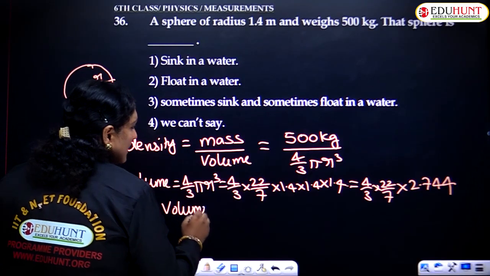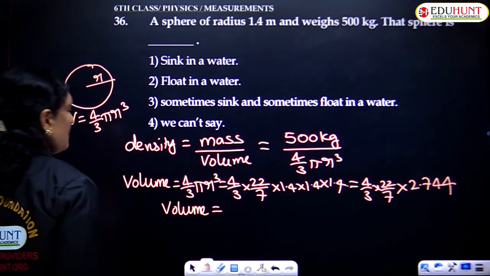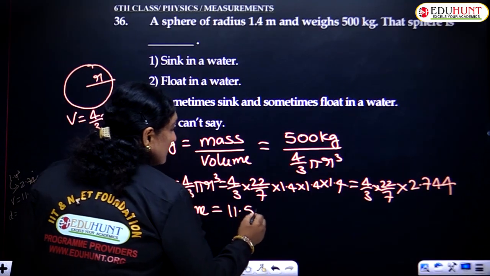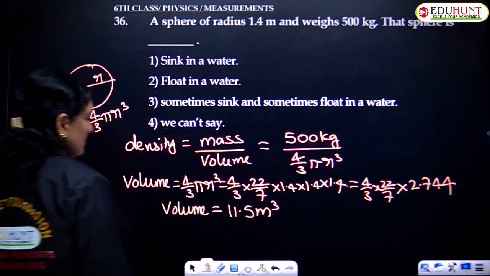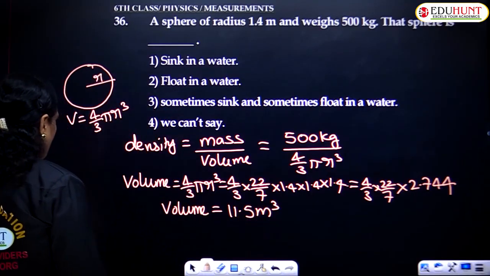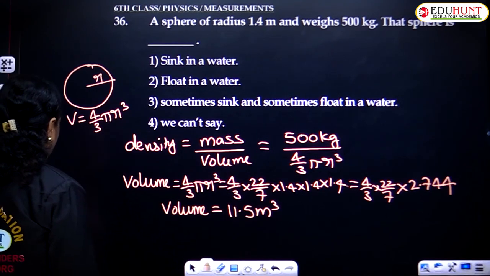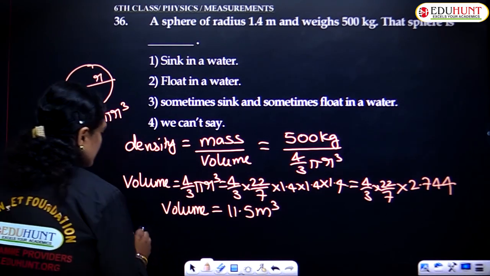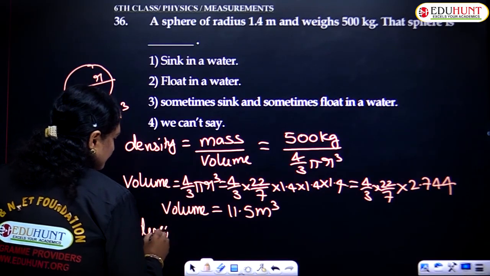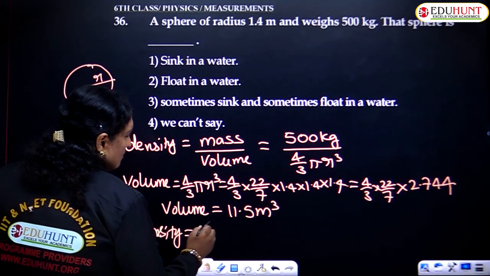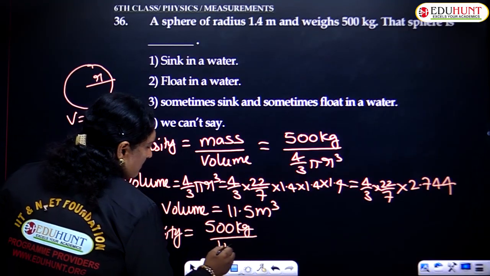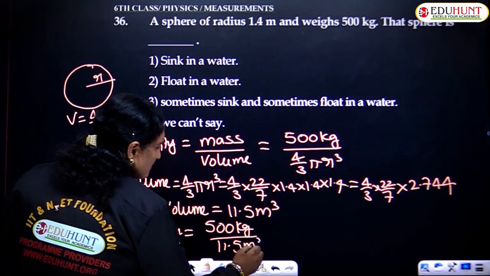simplify and find the value, children, it will be something around 11.5. What is that? 11.5 meter cube. So the volume is found to be 11.5 meter cube. Okay. And hence the density will be equal to 500 kg upon 11.5 meter cube.